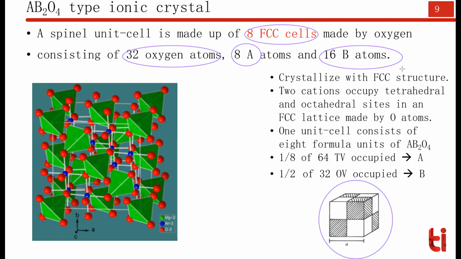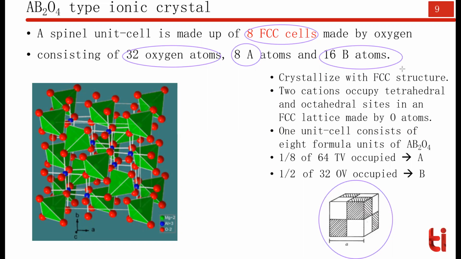Now, before we discuss the exact positions of the A atom and B atom in this spinel unit cell, I will ask another query. If I have 1 unit cell of FCC, how many tetrahedral voids do I have? 8, sir. 8.